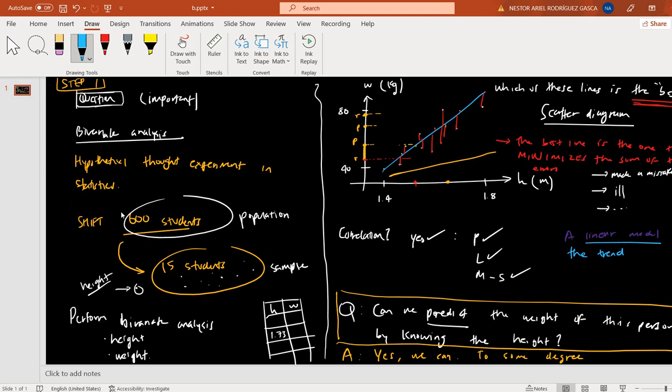Look, this is the error from this point to this line. This is the error, error, error. We have huge errors if I decided on this line as the best line representing the behavior of these points. So clearly the blue line is much better at minimizing this sum of errors than the yellow one.